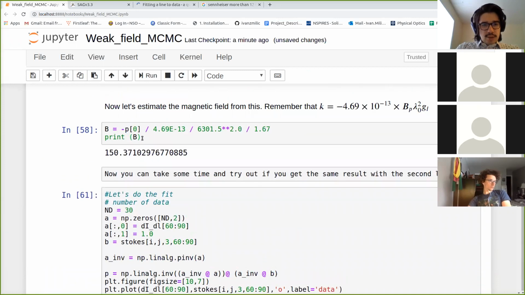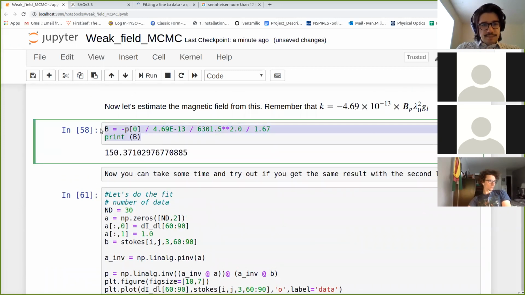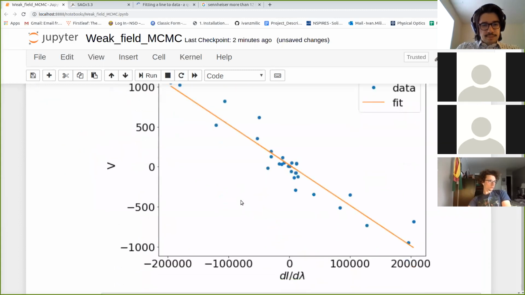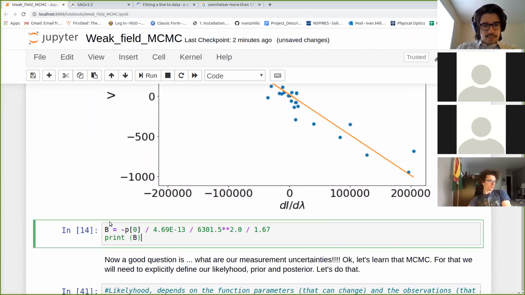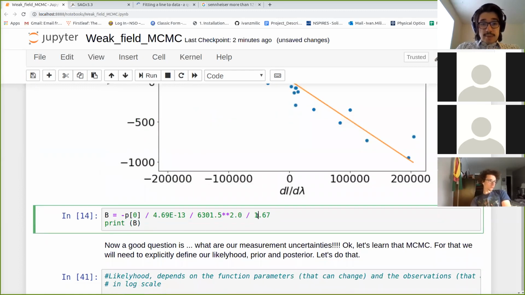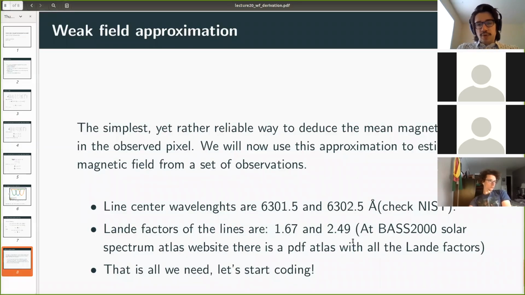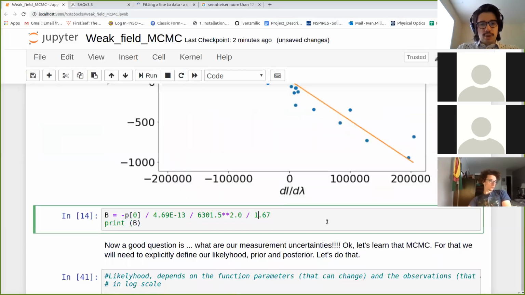And now I'm going to calculate the magnetic field again. Except now we need to change the lambda factor, right? So keep in mind that the lambda factor is roughly 2.5, precisely 2.49.